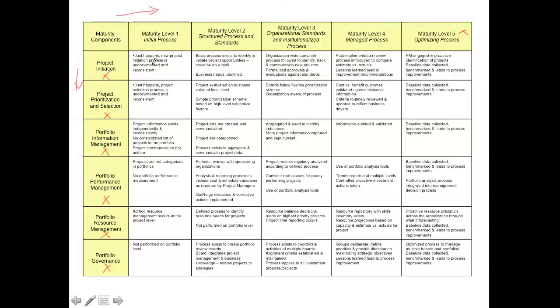So for example, in maturity level 1, the project initiation just happens. Someone gets a good idea, it's kind of a eureka moment, and everybody goes, hey, let's do it. So not very much afterthought when it comes to why is it a good idea really? Can we make money on this? And so on and so forth, right? And then at the fifth level, we have a lot more groundwork being done.